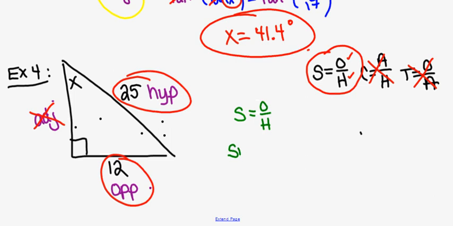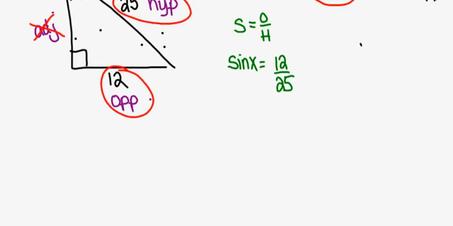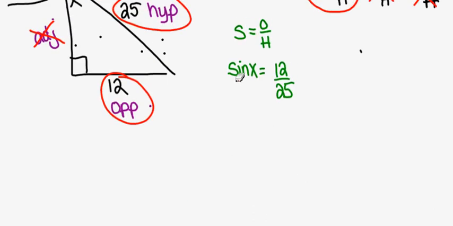So sine of angle x equals 12 over 25. And when I go to try to put sine of angle x into the calculator, I can't do it.